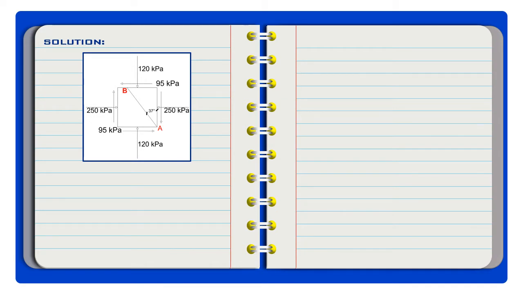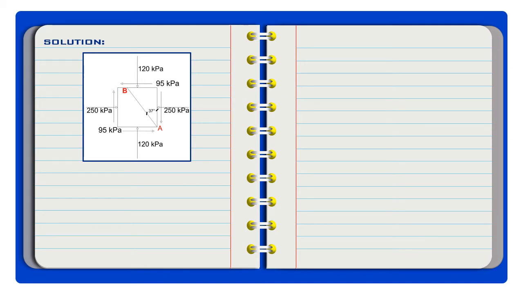so meron tayo nung given na element. So una nating step is to determine the direction of all the forces in this element. So mag-start tayo dun sa mga normal stresses.